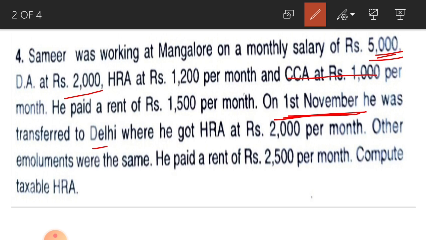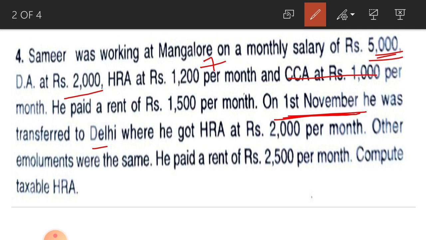Remember, this 5,000 and 1,200 is only for 7 months. At Mangalore, you have to consider 5,000 for 7 months and 1,200 for 7 months, not for 12 months, because he was working in Mangalore only for 7 months.